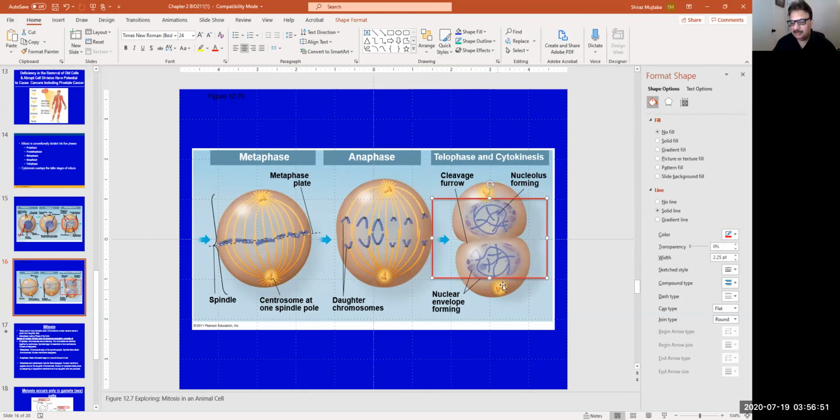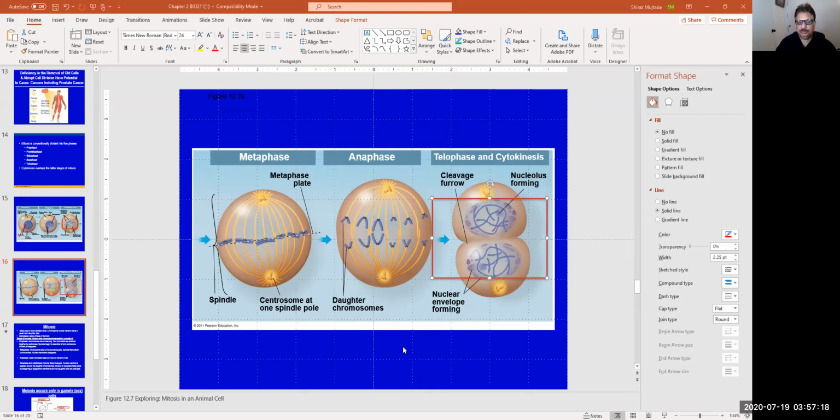There are no spindle fibers. After this, the nucleus has divided, and cells will undergo cytokinesis. Cytokinesis is the division of cytoplasm. So this is in a nutshell about mitosis.